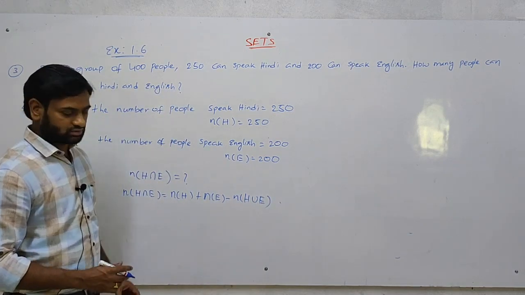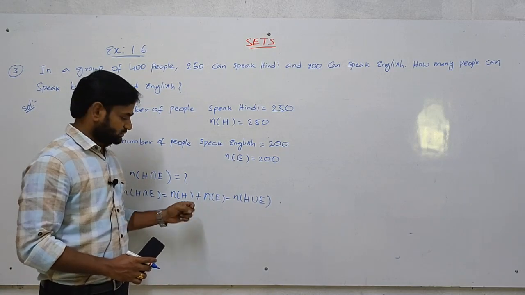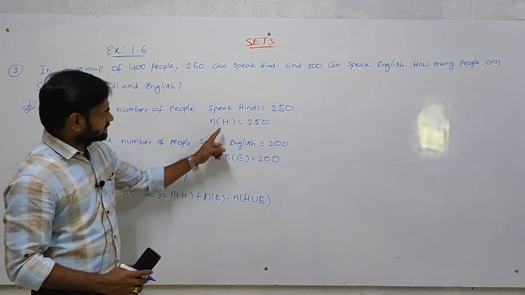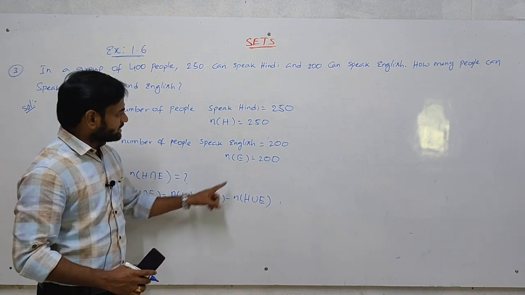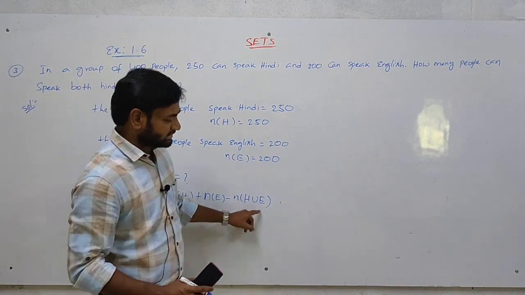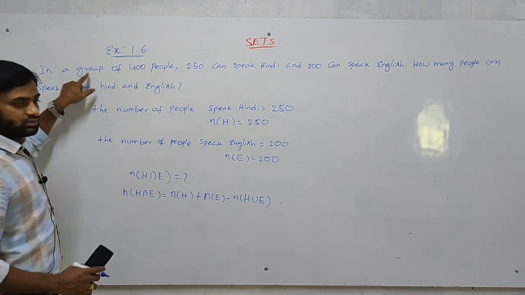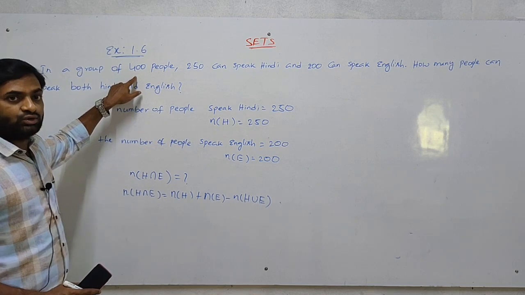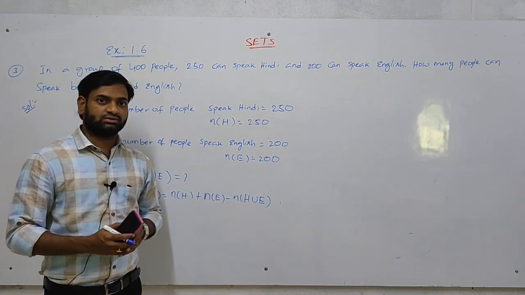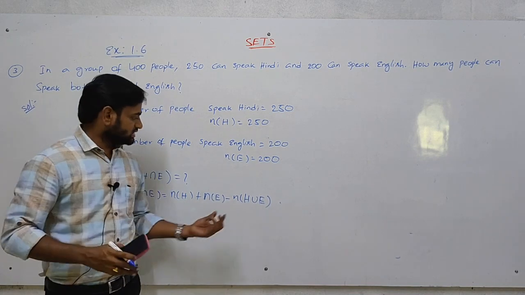This is the formula. Now see here, in this one which values do we have? n of H is 250. n of E is 200. Then where is the value of n of H union E? That is this one, the group of people. In the group of people, that group we have to take as union.